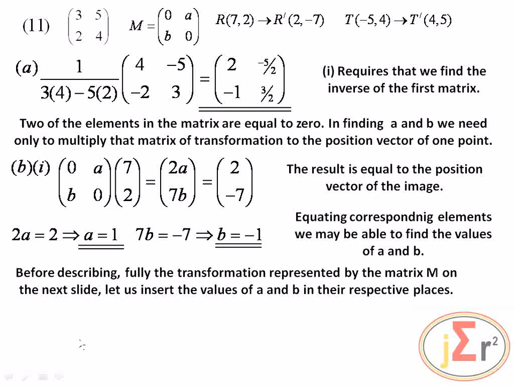I'm just hoping that we did not have any difficulty seeing how we arrived at a is equal to 1 and b is equal to negative 1. So we have a is equal to 1, b is equal to negative 1, and we have 0 here and 0 there. All we need to do is insert 1 and insert negative 1. And that's all there is to it.